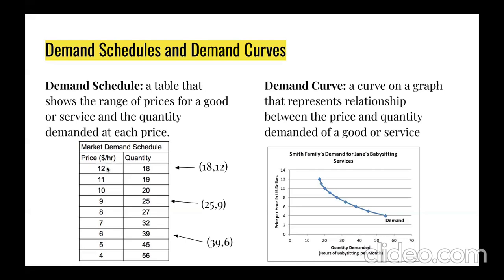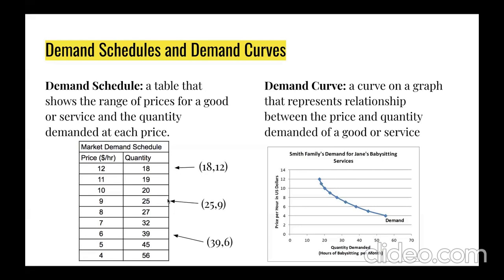So in the demand schedule, we typically report the price in the left-hand column, the quantity in the right-hand column. When you convert that into a graphed point, because remember we have quantity on our x-axis, we always represent our points as being x, comma, y. So quantity will be our x value. We're going to say 18, comma, 12.